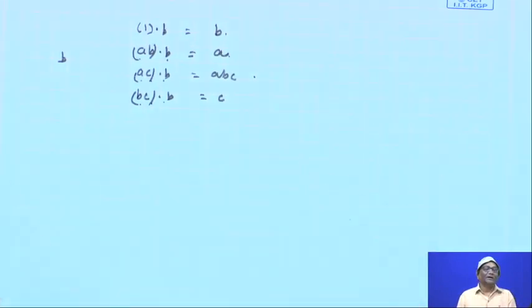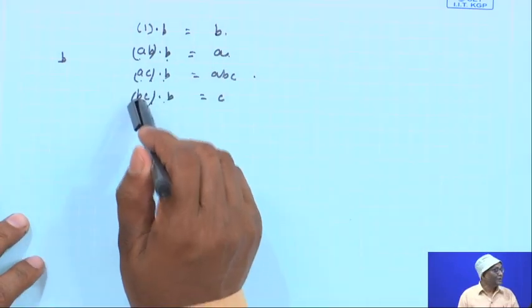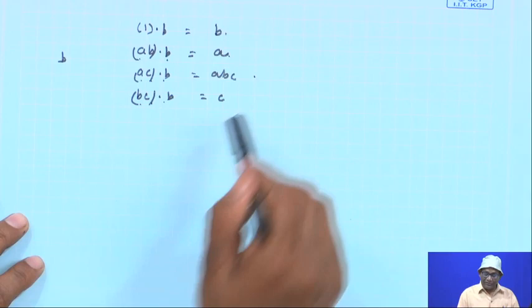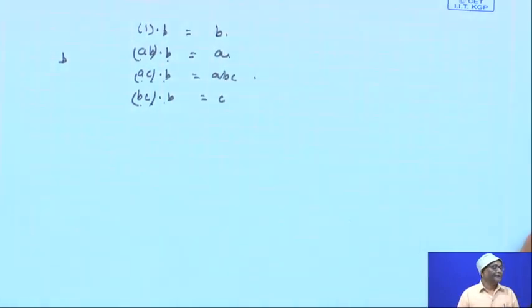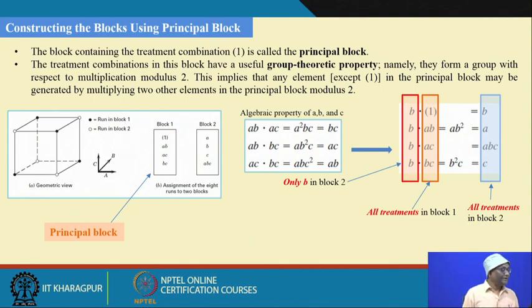So, they will go to the other block. In that sense, even if you multiplied this with, suppose, A, you will also get the same thing. Okay. So, this is the concept.